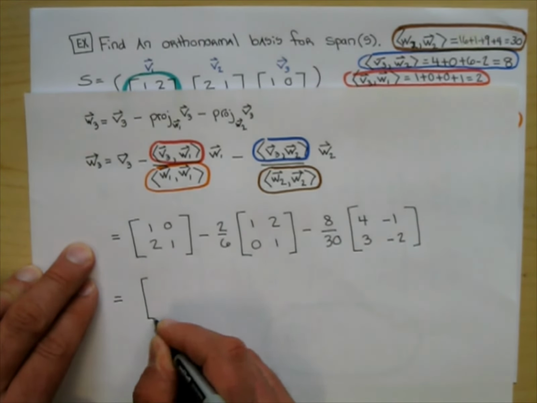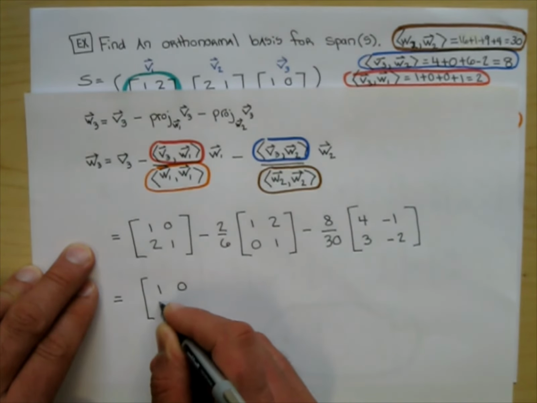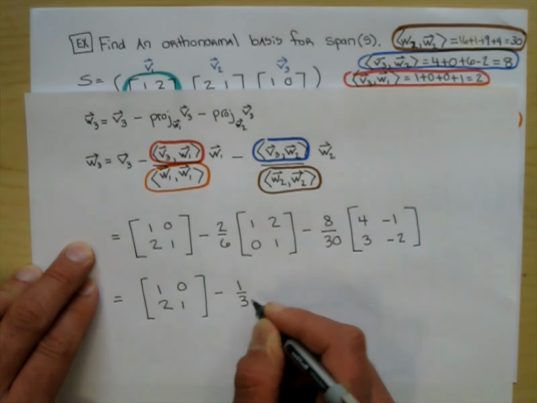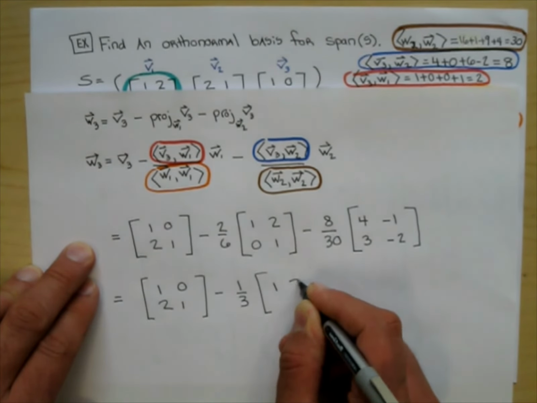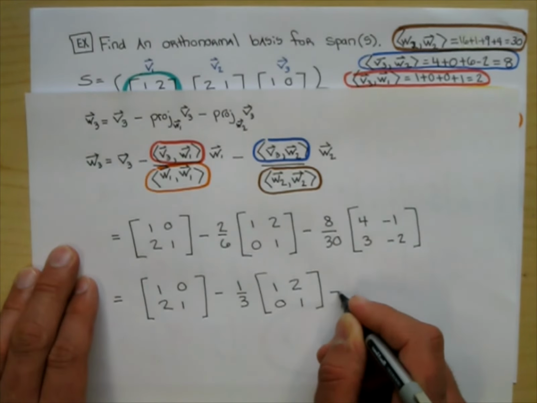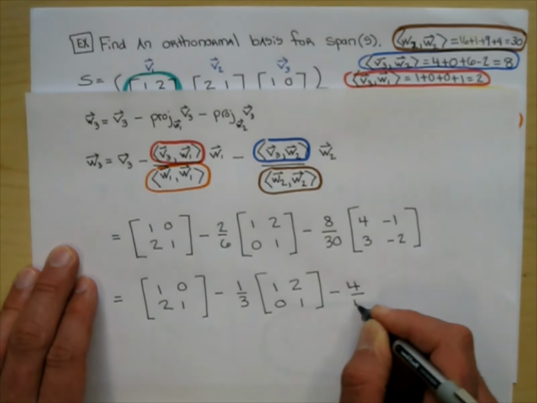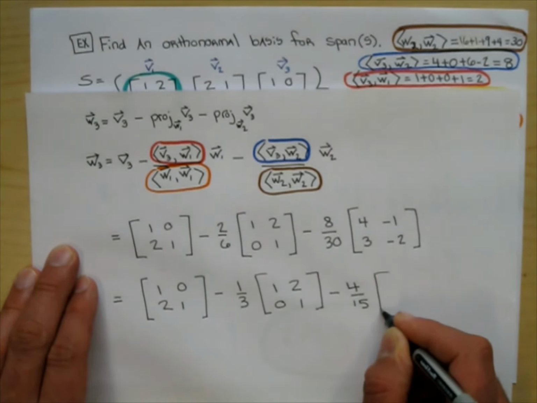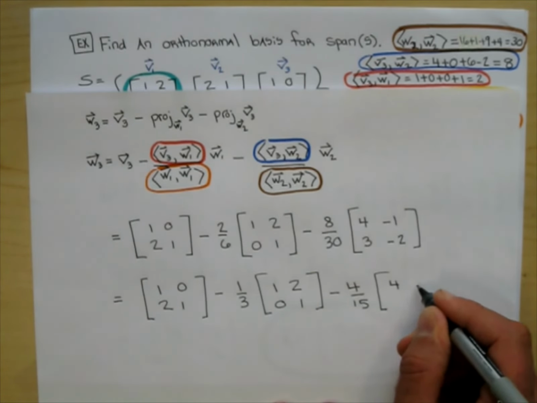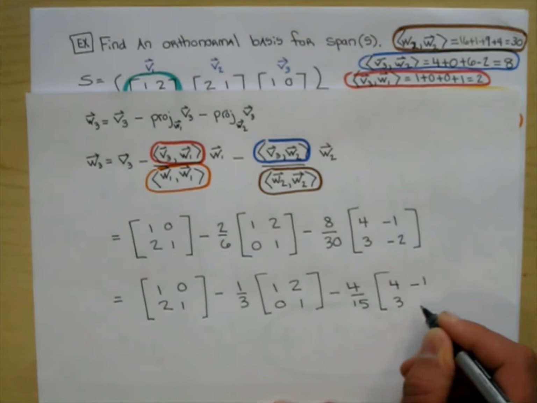So this is 1, 0, 2, 1, minus 1/3 of 1, 2, 0, 1, and then minus 4 over 15 of 4, -1, 3, -2.